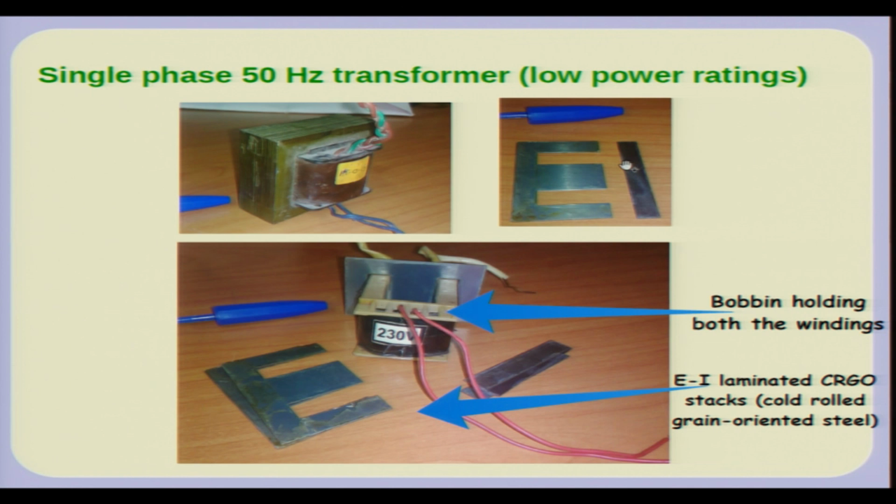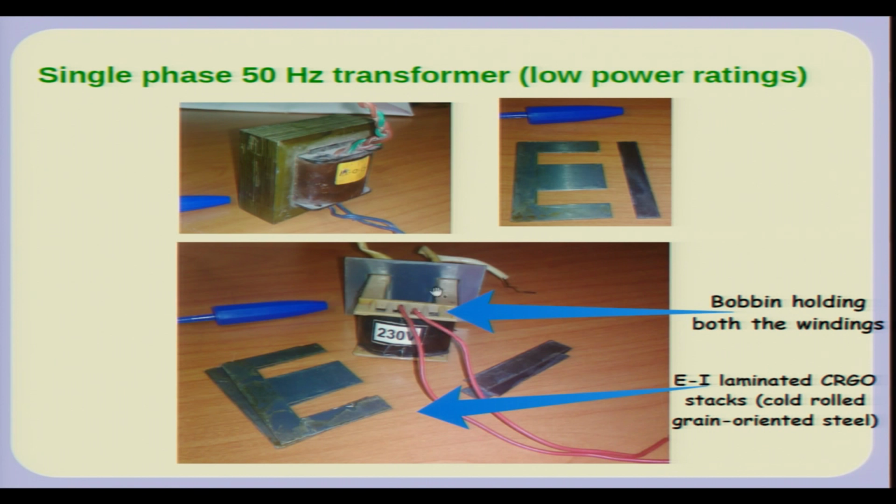Okay. So, I mentioned the two-window arrangement. What you have essentially is this EI core, and we try to bring this I lamination as close as possible, in fact touching, to make two windows, and the windings are wound on a bobbin. This plastic thing is a bobbin, which holds the winding.